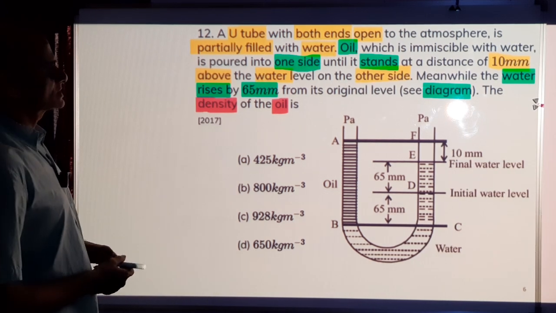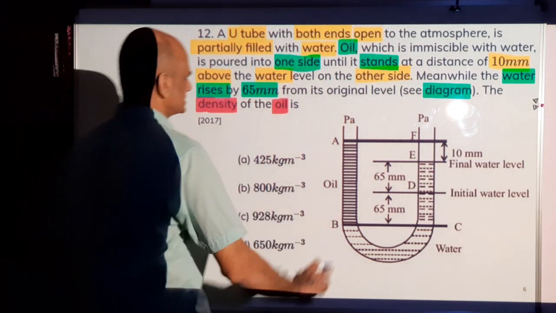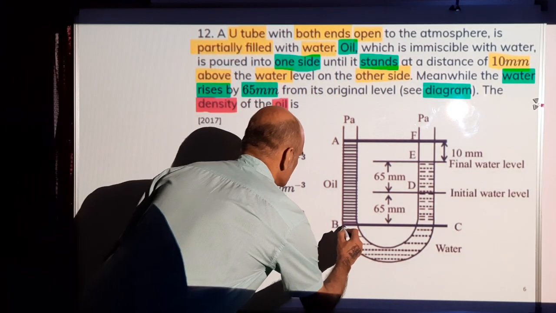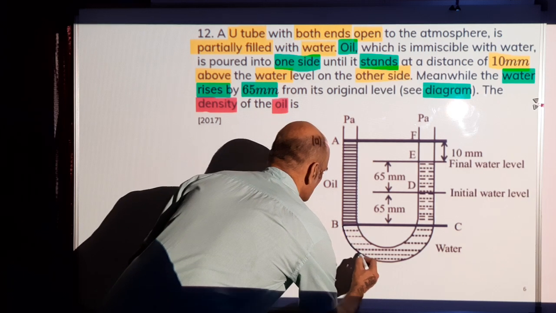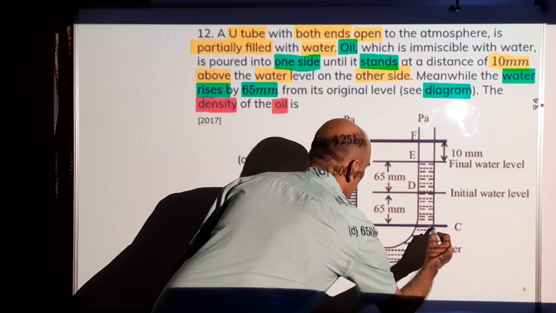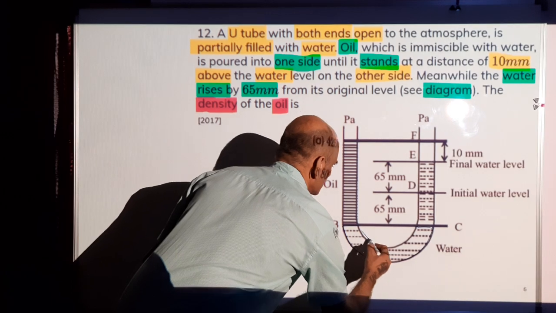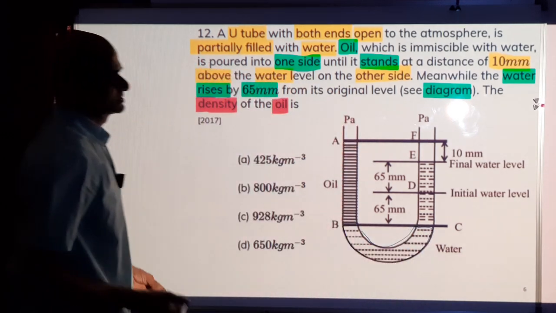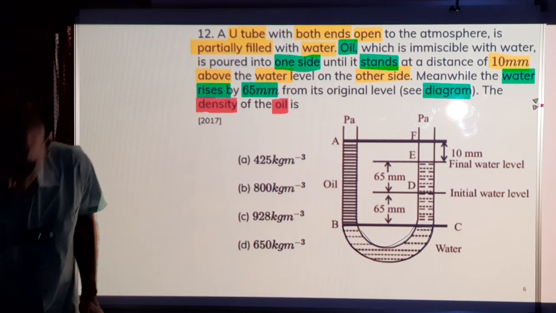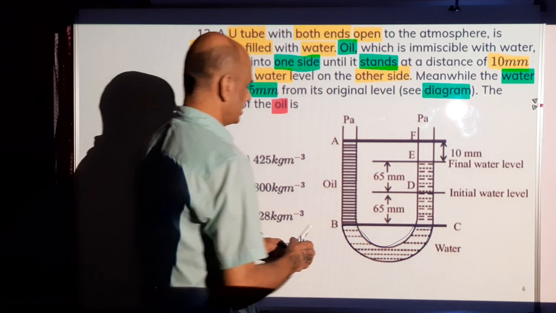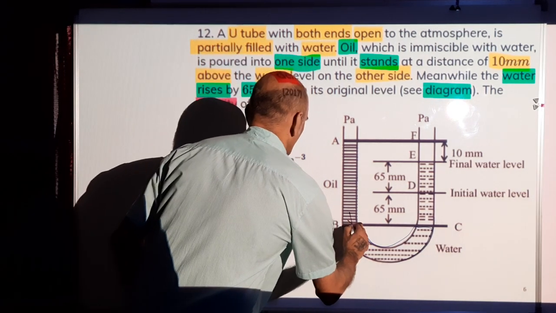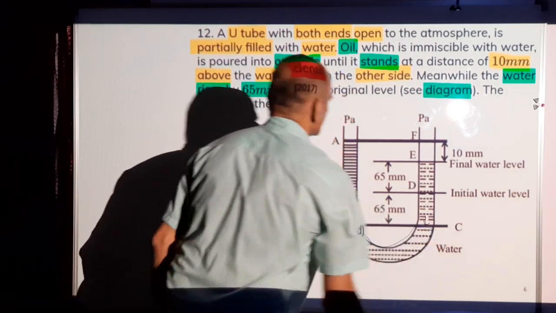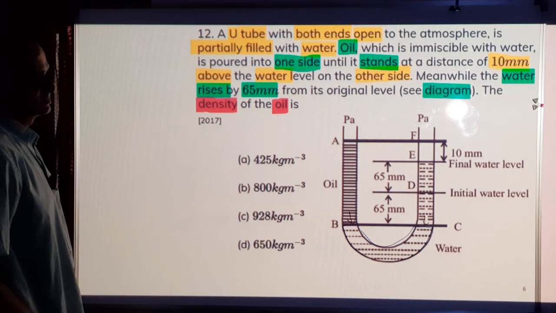It's a hydrostatic situation, so everything is at rest. If you consider this volume of water that is at rest, whatever force is acting on it on this side and on this side, both should be equal. Only then are they at rest.